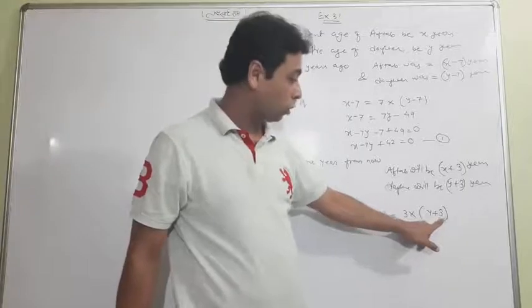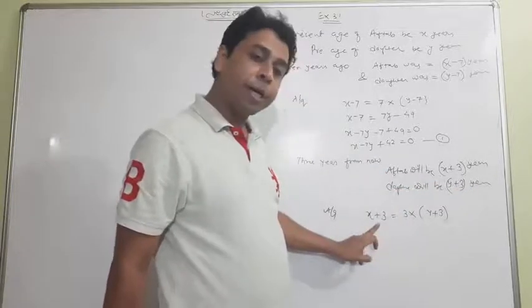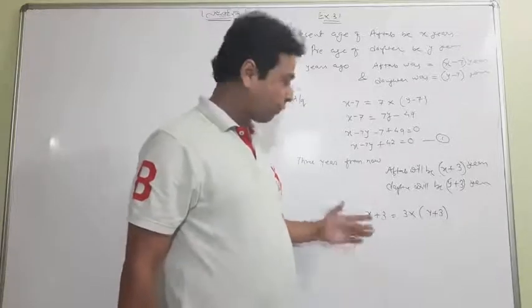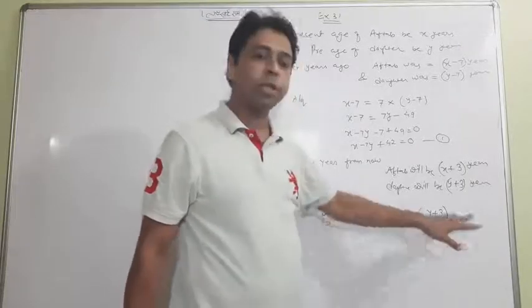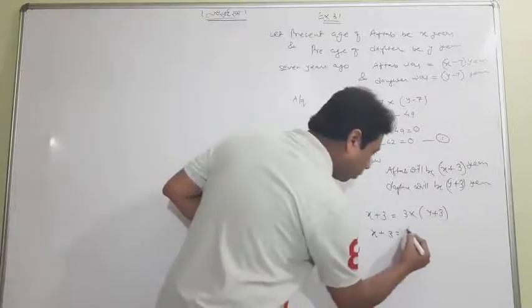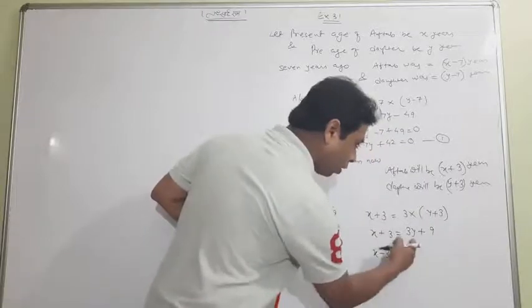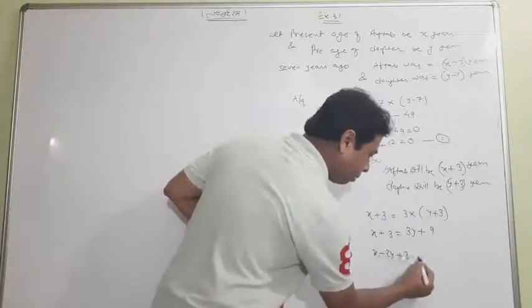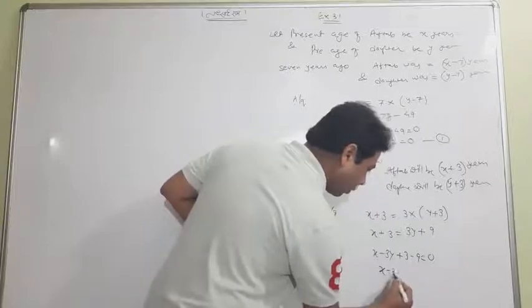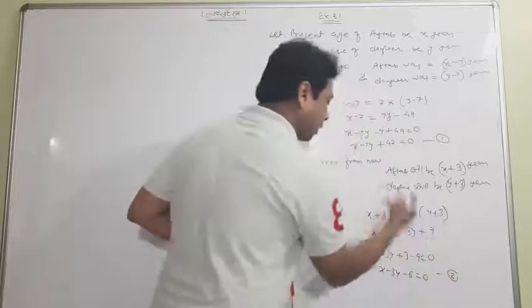Your age at that time is y plus 3, and Aftab's age at that time is x plus 3. So Aftab says I shall be 3 times you. Now it is another equation: x plus 3 equals 3 times (y plus 3). 3 times 3 is 9; arrange it, transferring 3y: x minus 3y plus 3 minus 9, so x minus 3y minus 6. So that is the first equation, and this is the second equation.